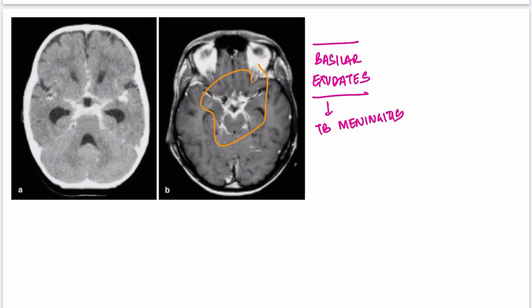And if I take the CSF sample of this child and let it stand for some time, you're going to appreciate the formation of a web-like structure. This is known as cobweb appearance, very typical of tubercular meningitis.